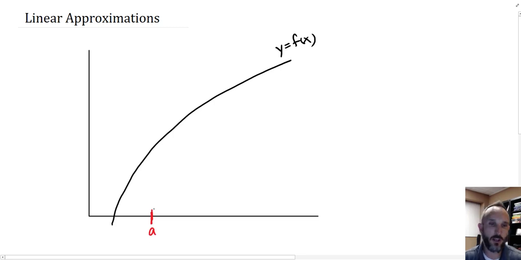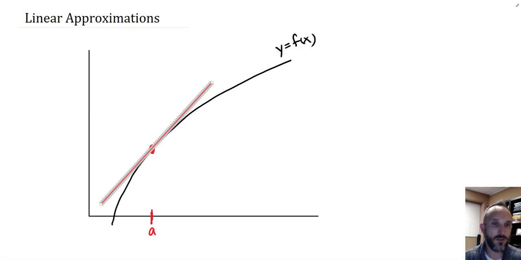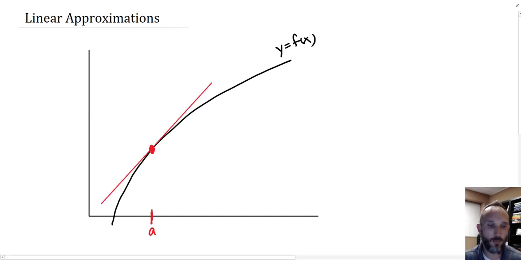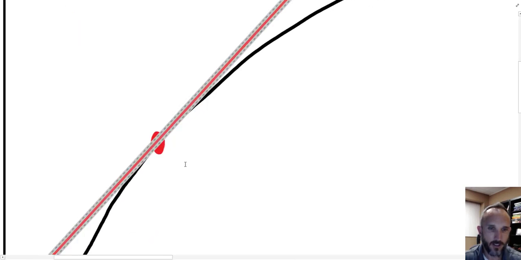If we pick some x value a and locate the point on the curve, we can approximate the curve close to that point. The way we do that is we use the tangent line, because it behaves very similar to the curve near that point. If I zoom in here, I'll see if I can do that very well. Yeah, that's pretty good.